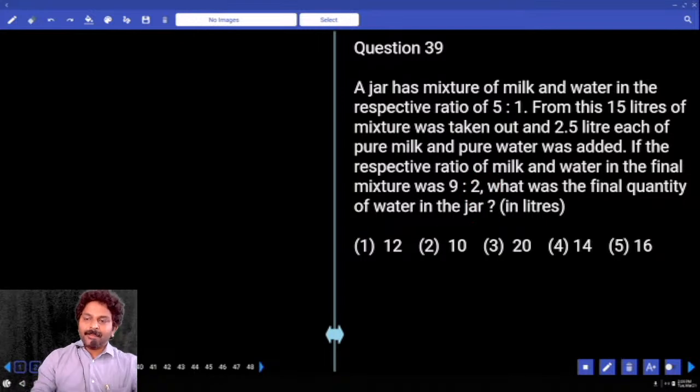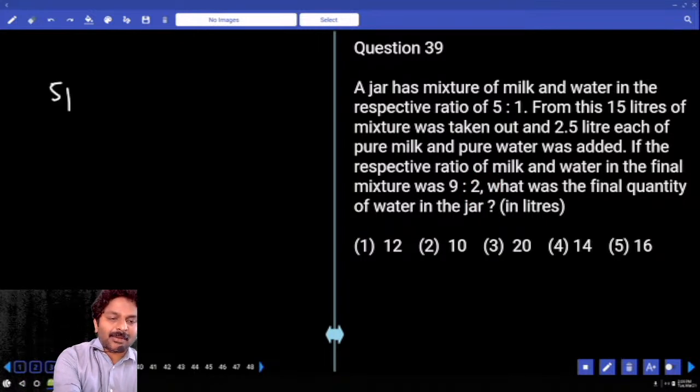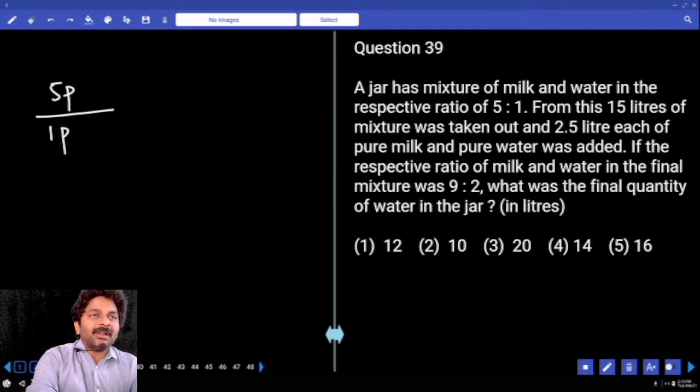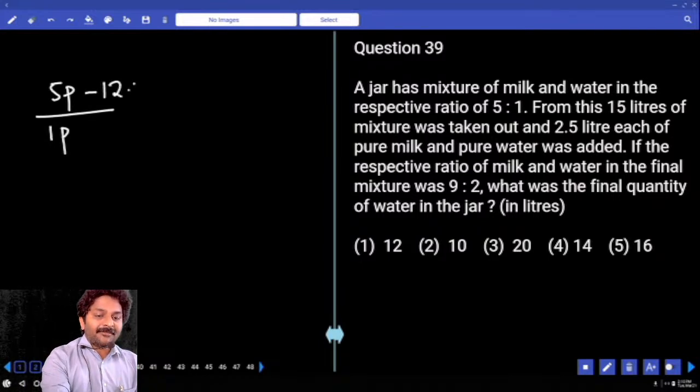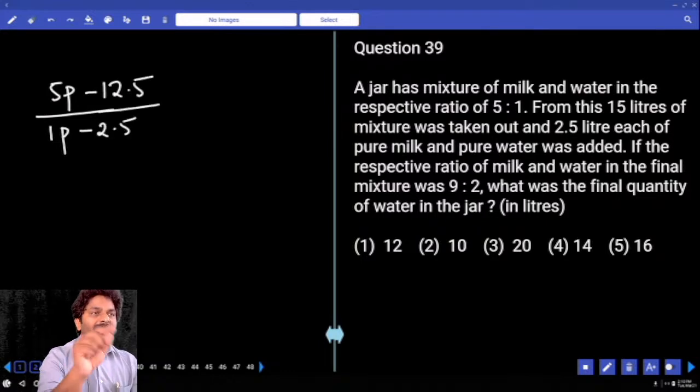So you have to process it. Initial quantity milk and water 5:1 ratio, 5 parts and then 1 part. How much quantity is taken out? Even in that 15, they must be in the ratio 5:1. That means 12.5 liters of milk, 2.5 liters of water taken out.